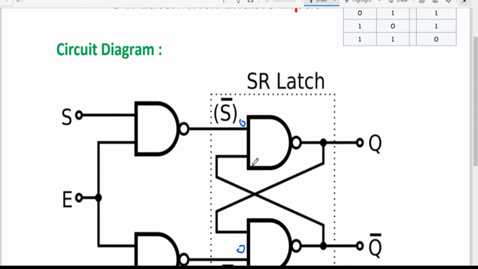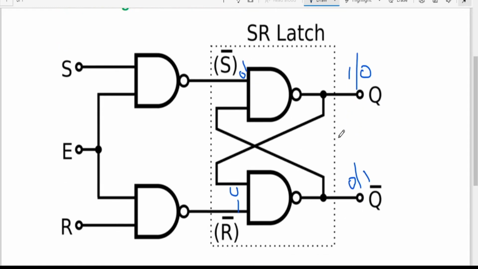Suppose the state was 0 1, the output of Q and Q bar used to change immediately, where Q was set to 1 and Q bar was set to 0, or when it was 1 and 0, Q was set to 0 and Q bar was set to 1. So whenever the inputs were applied, the output used to change immediately. That is called asynchronous.